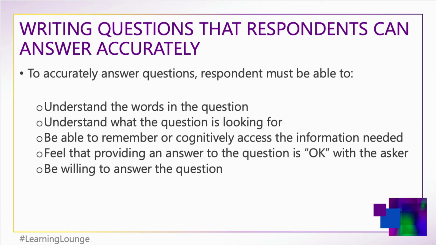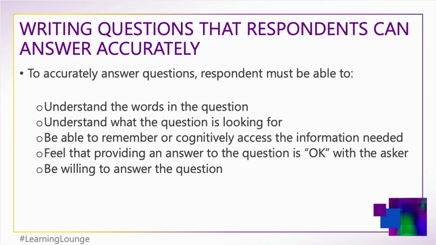They need to all understand what the question is looking for. They need to be able to remember what you're asking, or cognitively be able to access that. That's going to vary by age, because children won't remember as well, elders may not. So that's going to vary by age and vary by the type of question you're asking. I mean, I can't remember what I ate a week ago. When someone asked me that question, I would say, don't remember.